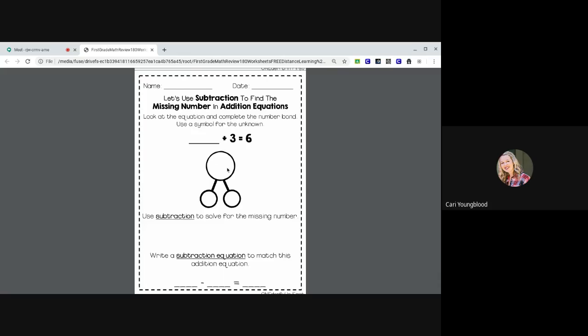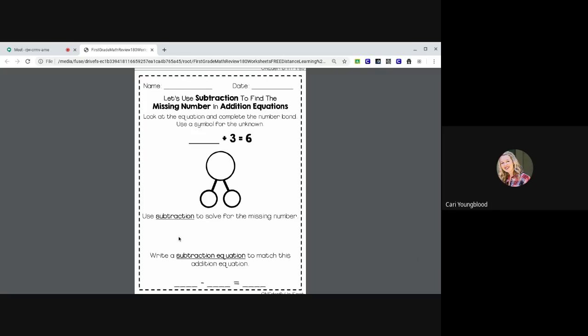So go ahead and do a 6 at the top, and then look at my two parts. What's the part that I do know? 3. So you can do a 3 right here. And if you want to do a question mark or an X right here to show that you don't know what it is, you're welcome to, or you can leave it blank in the part whole model. Now we're going to use subtraction to solve for the missing part. Remember, when we flip to subtraction, we always start with our big daddy whole.